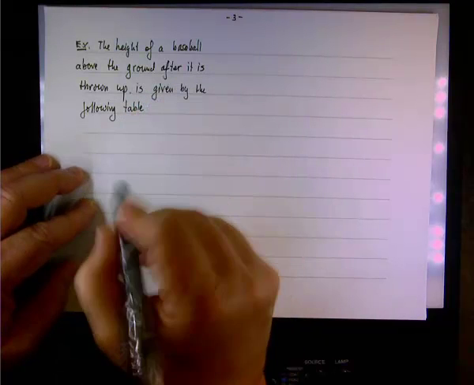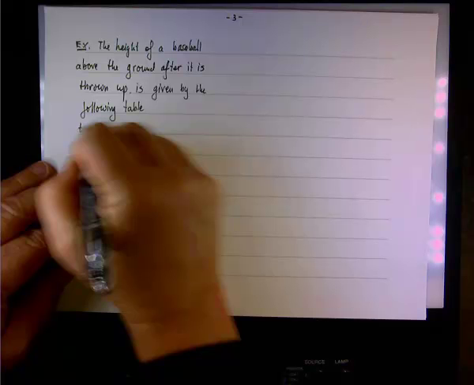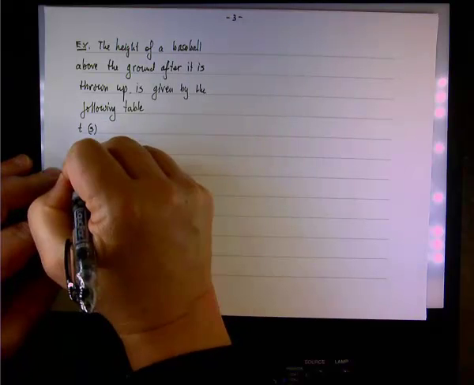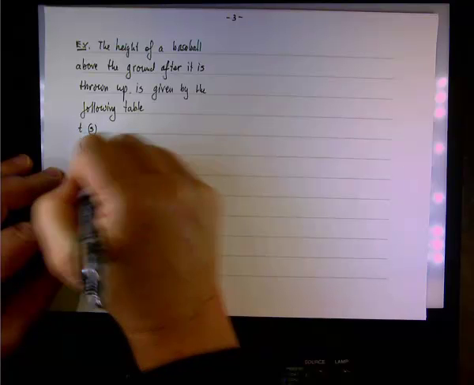So let's have t in seconds, and let's have the height, or y, in feet.